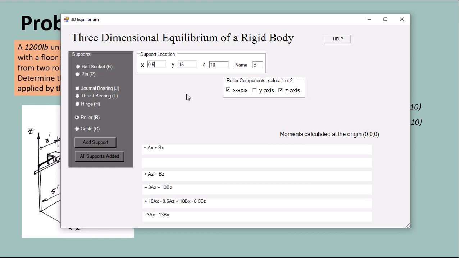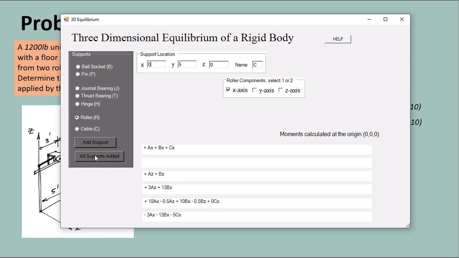Roller is added. Then the stop at C is also a roller. We add that support at location. Its name is C, but it applies a force only along the x-axis. We add that.